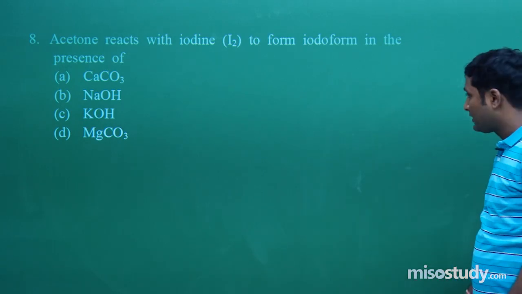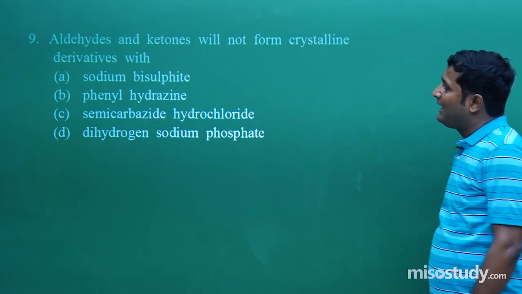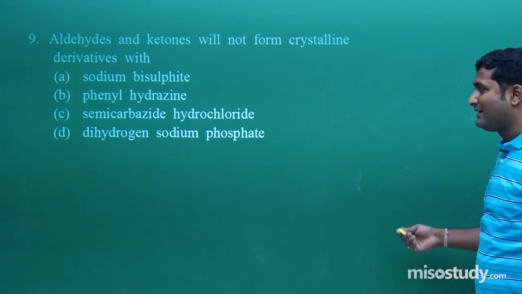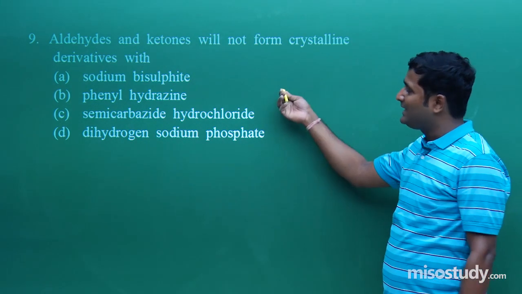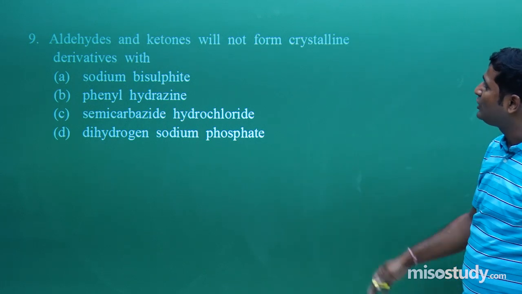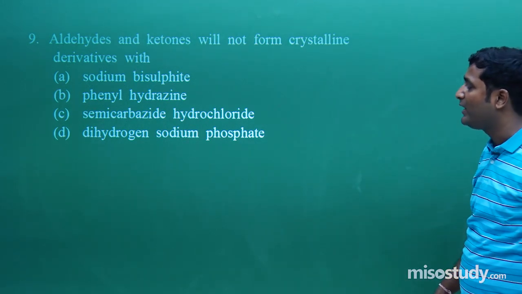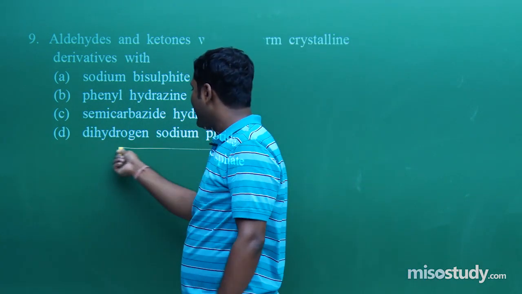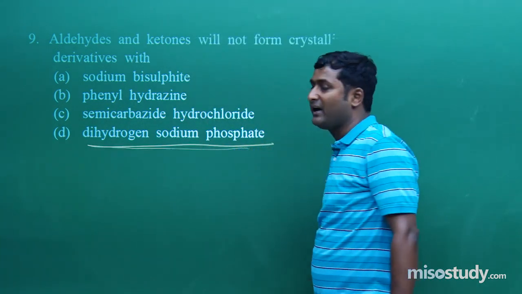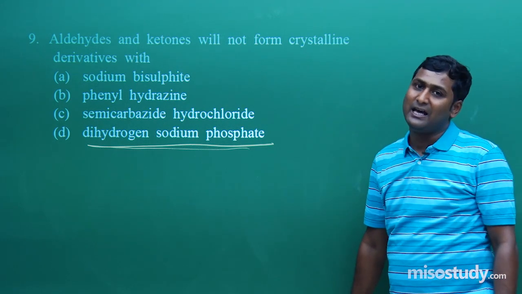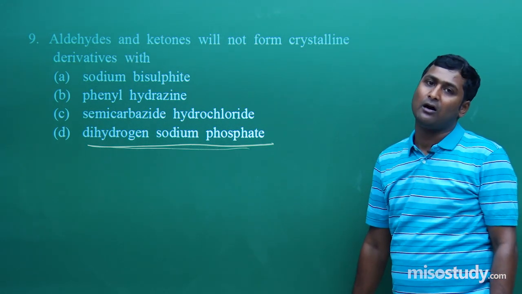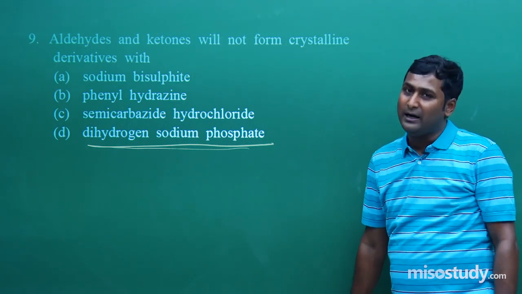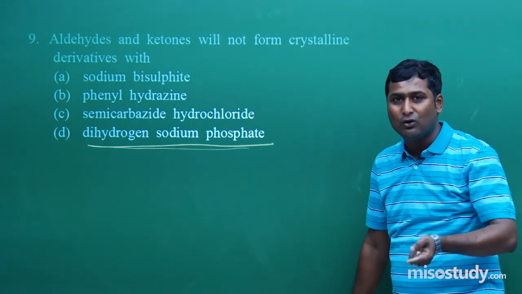Now the next question is question number 9. Aldehyde and ketone will not form crystalline derivatives with dihydrogen sodium phosphate, because in this case there is no lone pair of electrons present on phosphorus, so it will not act as a nucleophile.